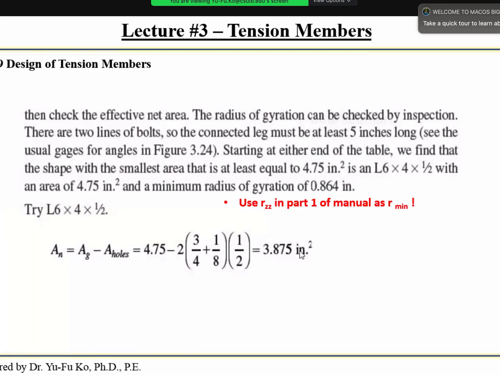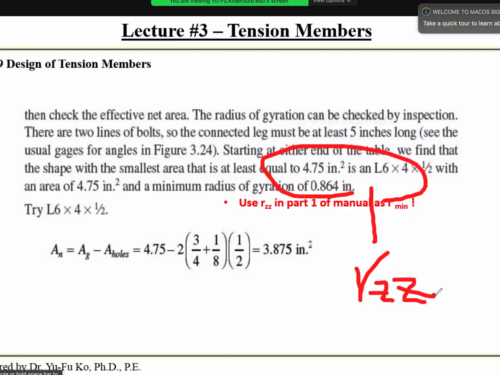Do you guys see that? Yes, you have axis XX, axis YY, axis ZZ for 6 by 4 by half. Okay, so this value is coming from r ZZ, which is about the axis ZZ. Just remember that.